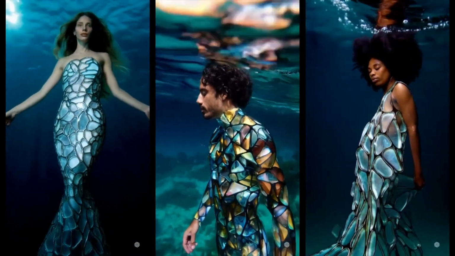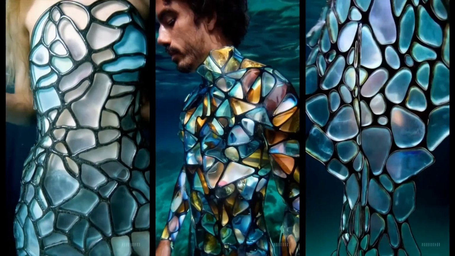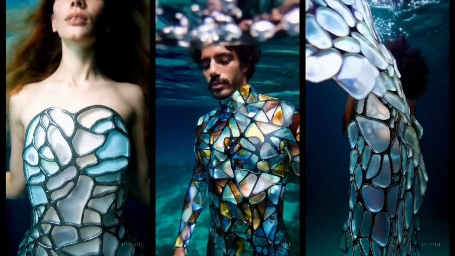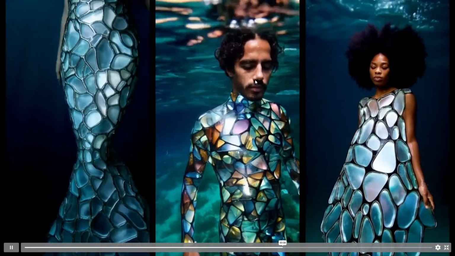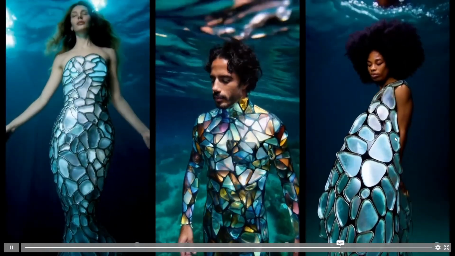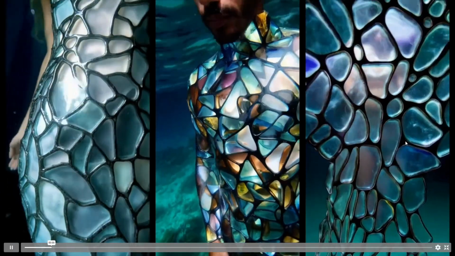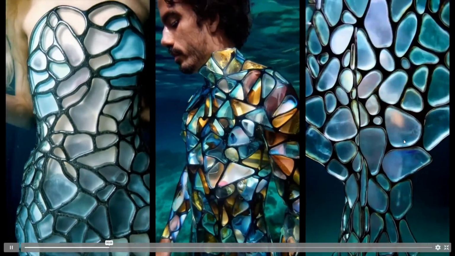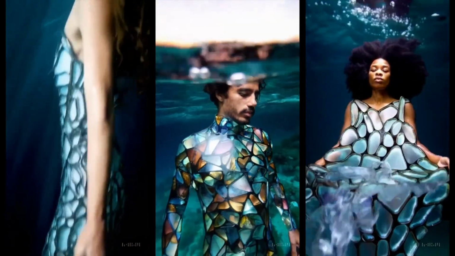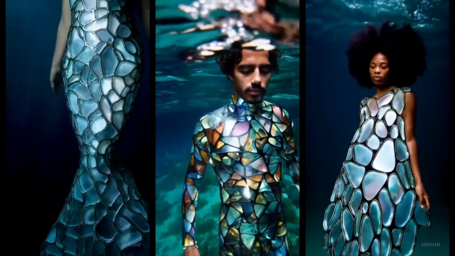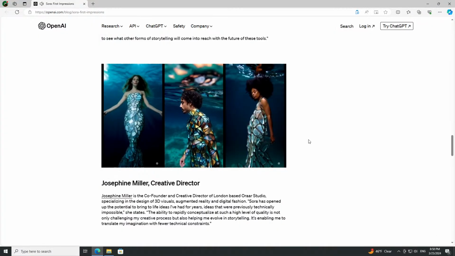So the fact that Sora is able to combine the material, the whatever prompt that they used, and the people that are underwater, and actually this one looks like they're wet. The skin has water on it, but this is amazing. It's able to wrap the texture around the characters, the subjects. Now, this is impressive. This is very impressive. That is amazing. Well done, Josephine.